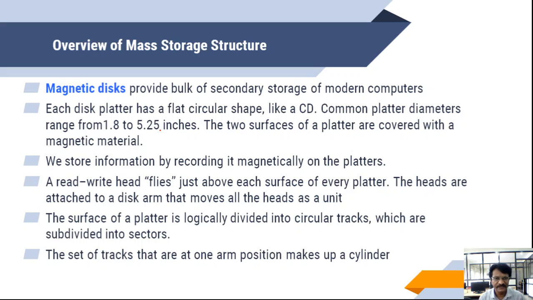So in this magnetic disk, we store information by recording it magnetically. As I said just now, data is stored in terms of magnetic patterns on the platters. Platters, just now I told you, are flat CD-like plates. These are the read-write heads.